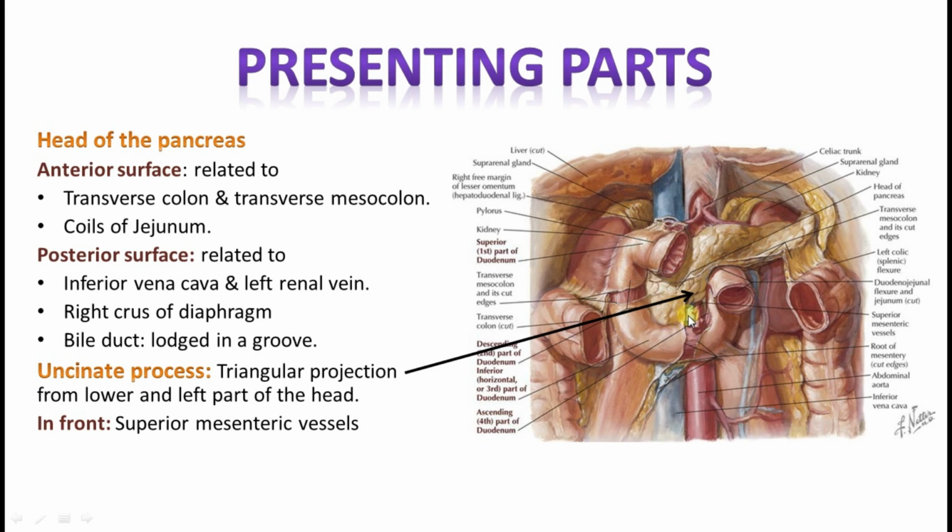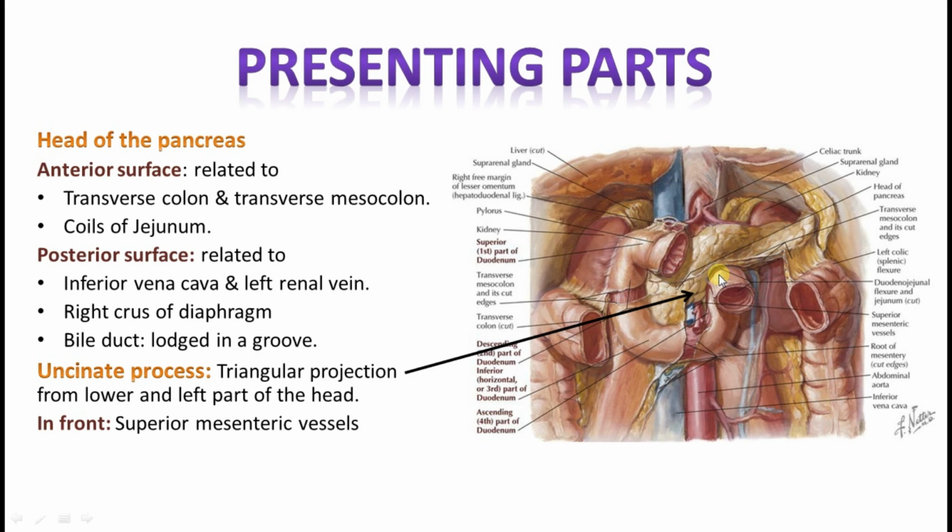So the superior mesenteric vessels are present anterior to the uncinate process. The abdominal aorta is present posterior to the uncinate process, and above what we have is the left renal vein.